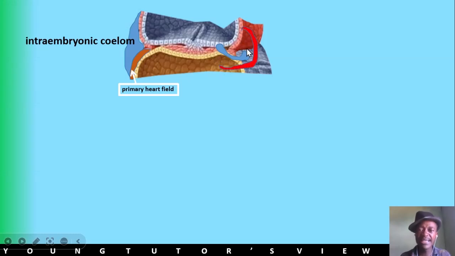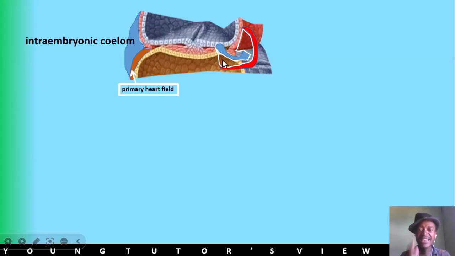So we are going to see that the intraembryonic coelom, which was initially above the primary heart field before the cranial caudal foldings, is now below. The primary heart field is now above the intraembryonic coelom. This is very important. You are going to see the importance as we go on in the video.